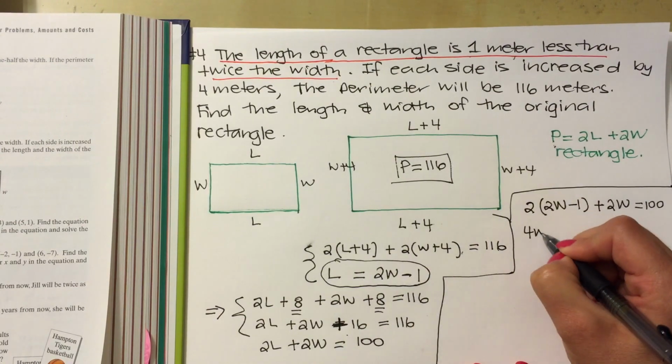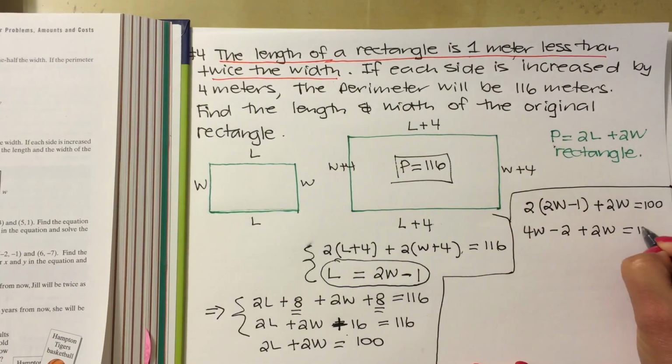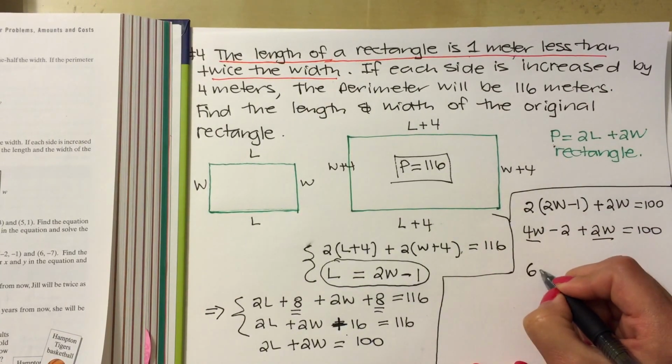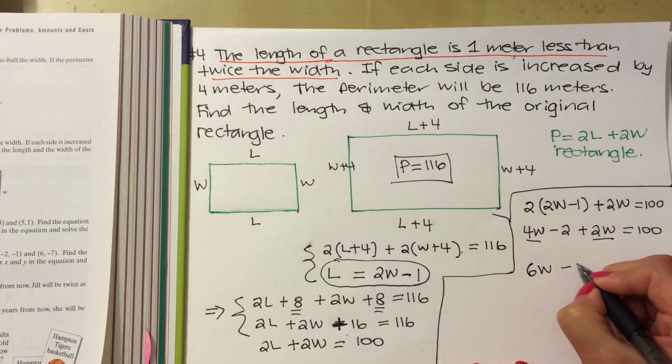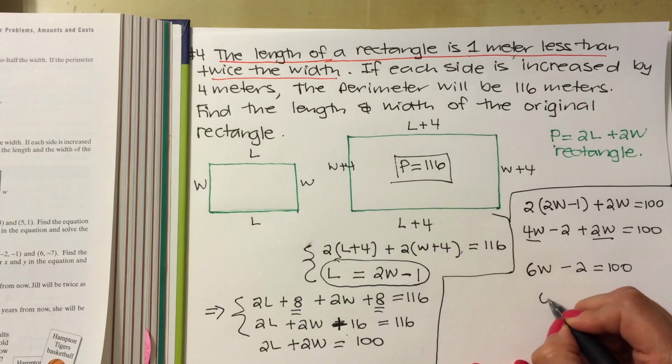Distribute. Combine. And then what we need to do is add 2 to both sides. And then we have to divide by 6.